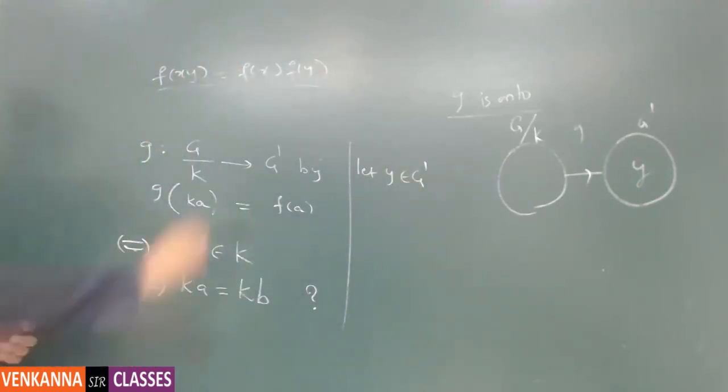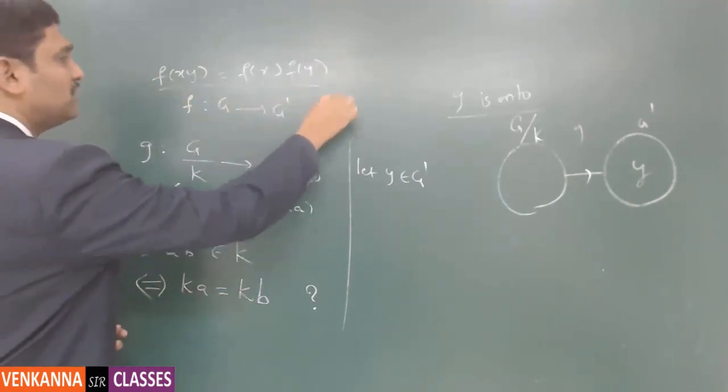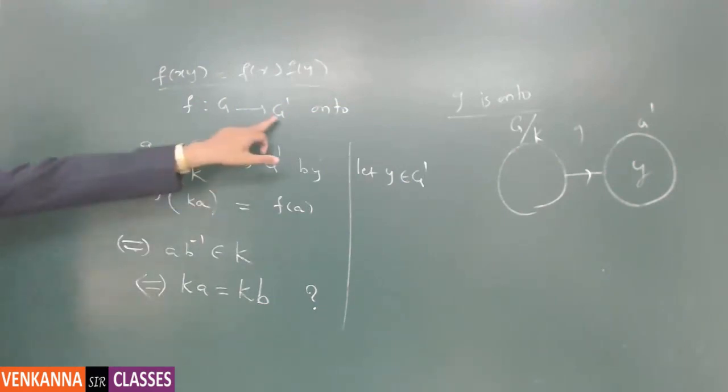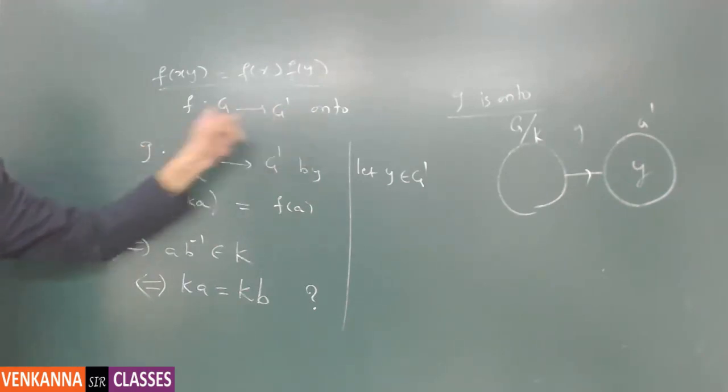Actually, in the problem it is given that f from G to G dash is onto. So it means for every element in G dash, you should get an element in G, because the function is onto and homomorphism.